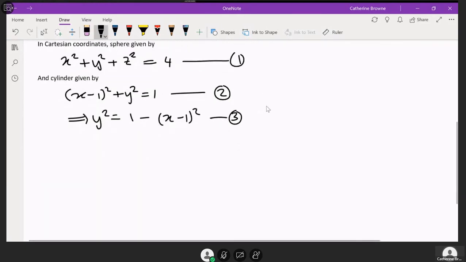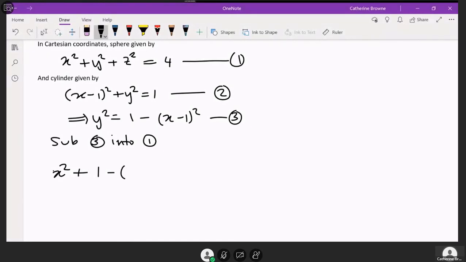So if we substitute equation 3 here into 1, we get x squared plus y squared, but we're going to use equation 3 for y squared here.